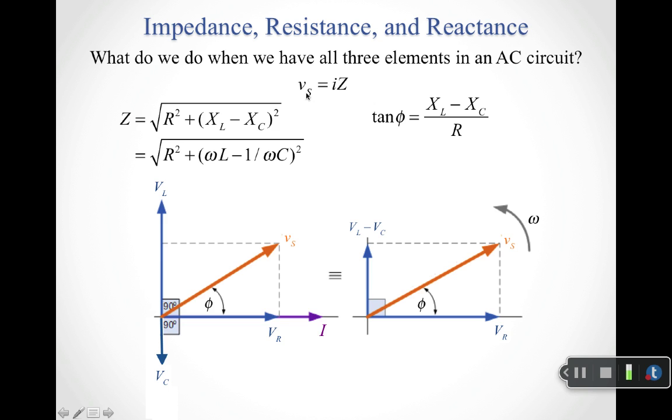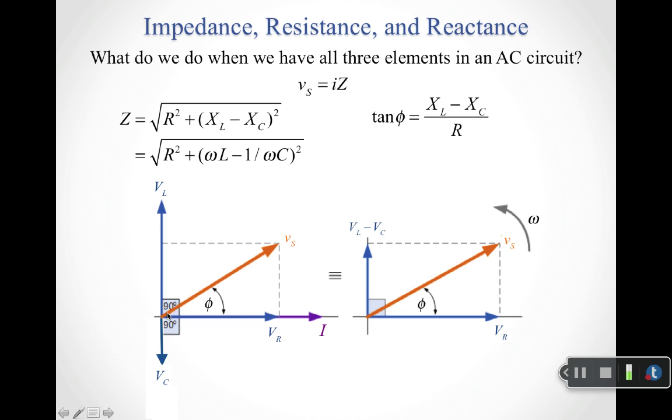So what happens when we have all three elements within our circuit? Well, effectively what I'm going to do is just piece them all together. And again, here's where our phasor diagram is going to be incredibly useful. If we think about the current, we're going to set the positive x-axis as being what the voltage of the resistor will be.